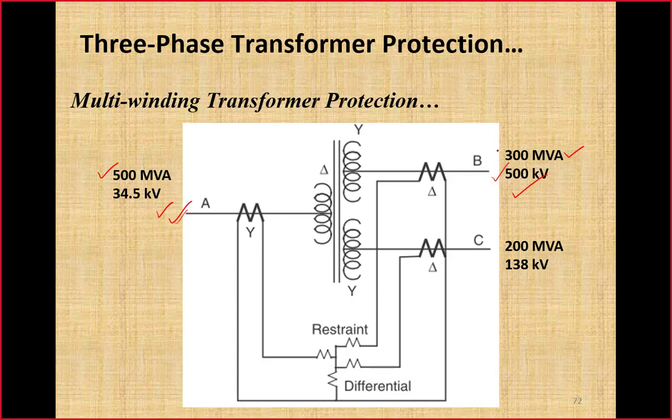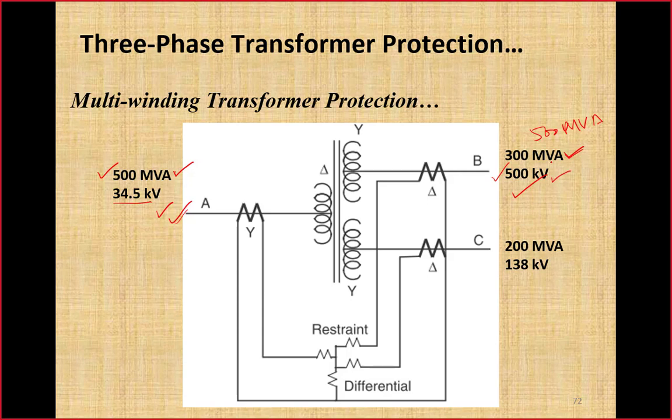So for the purpose of CT ratio selection, we will assume that winding A is carrying 500 MVA at this voltage of 34.5 kilovolt, and winding B is carrying 500 MVA at 500 kilovolt. It is just for CT ratio calculation.